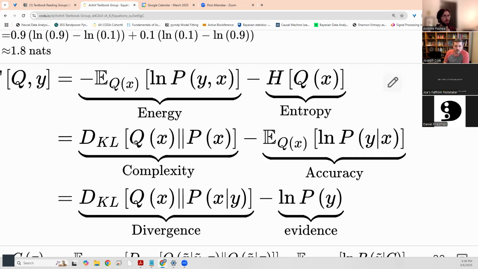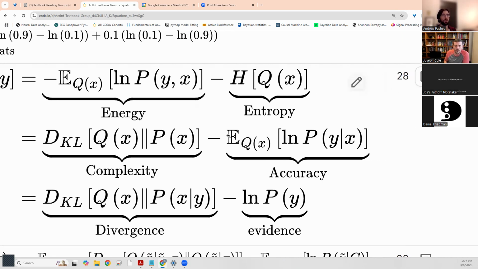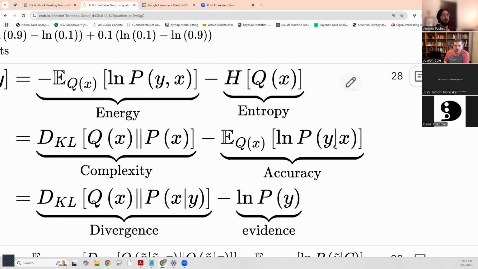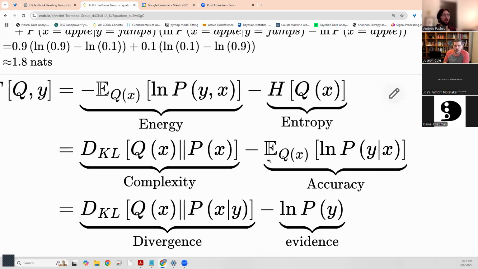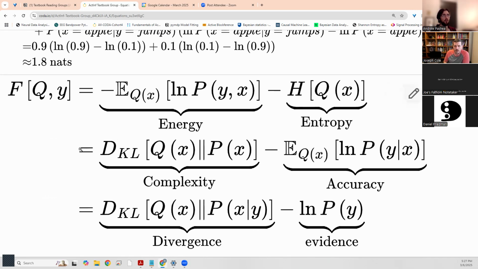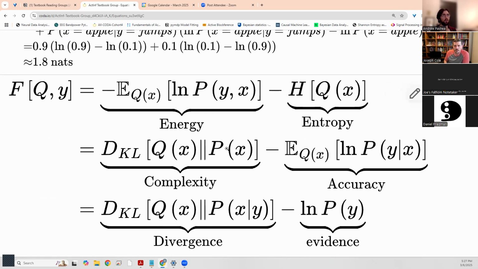The complexity term is just the KL divergence between your posteriors, what you think now, versus your priors, what you thought before. And then you also want to keep accuracy high, so we want to find the expected value of the log of observations given X. Each one of these terms, depending on the sign in front of it, we'll want to either maximize or minimize.